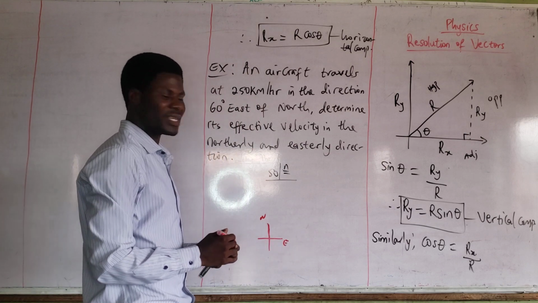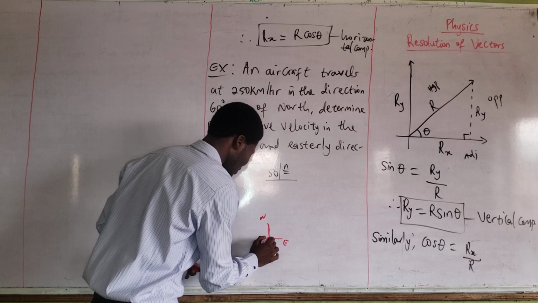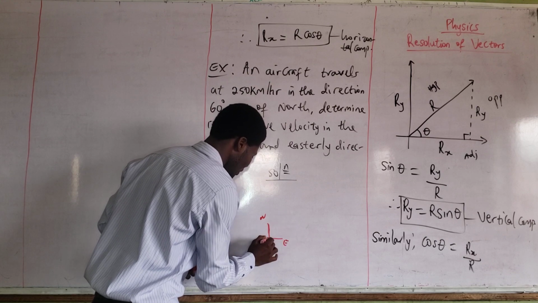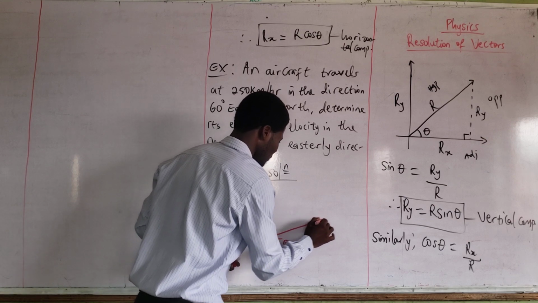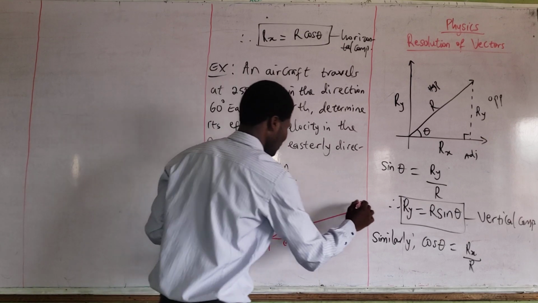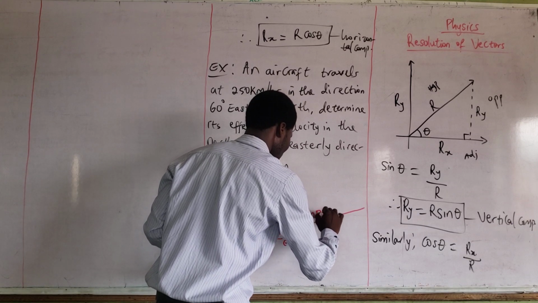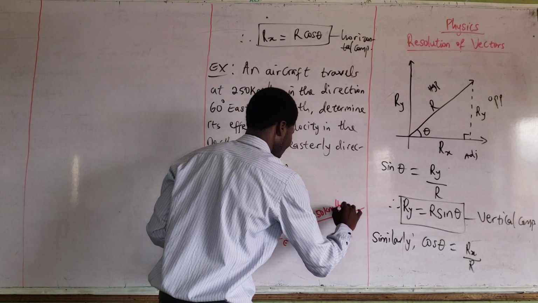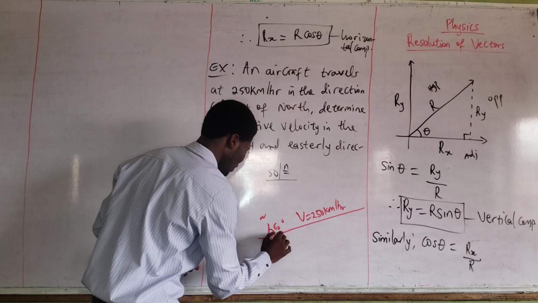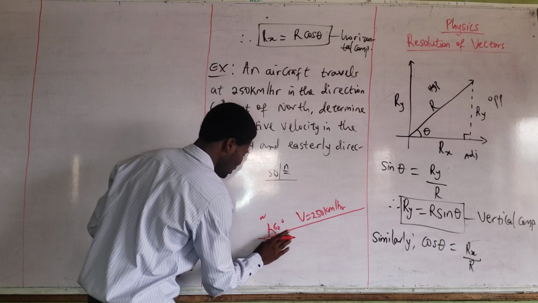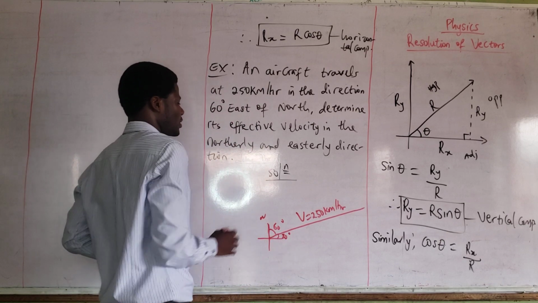North 60 degrees east, so you start counting from north, so it will be more than half, very close to the east. Draw it like this. So it travels at 250 km per hour. From here to here is 60 degrees. What will be left here? 30 degrees. Remember, from here to here is 90. So 30 degrees.